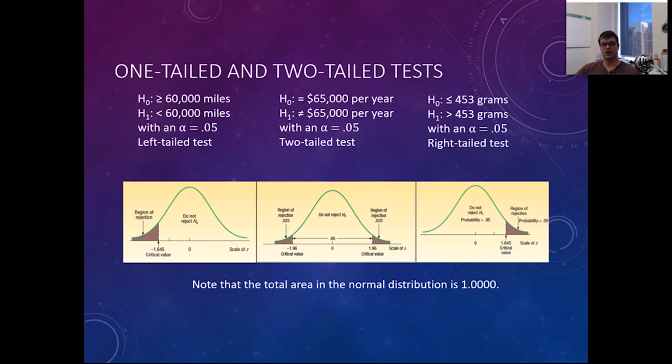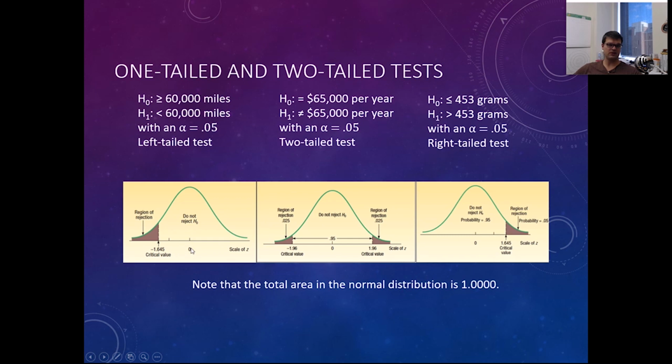We are testing the null hypotheses, and so we either do not reject the null hypotheses or we reject the null hypotheses. So right here we have one-tailed and two-tailed tests. The very first one is a one-tailed test, and you notice the alternative hypothesis says that mu or x bar or whatever it is that we're testing is less than 60,000.